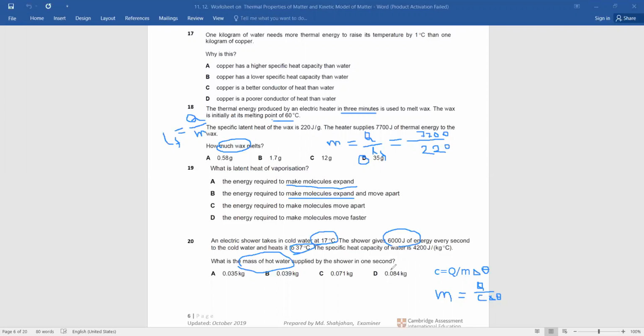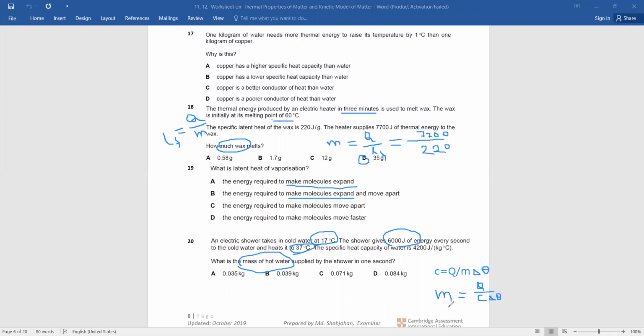But specific heat capacity happens with temperature change. That's why we get del theta. Don't mix up. For specific heat capacity, it is c equals Q by m del theta, and for latent heat, it is L_F equals Q by m.